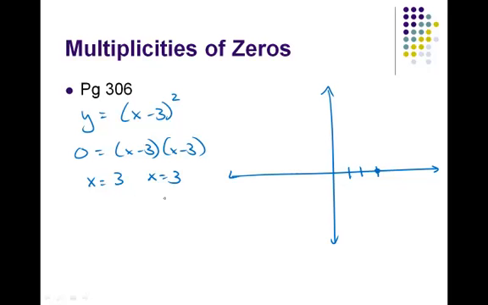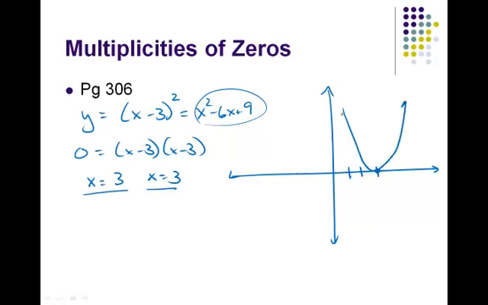Now, how is that going to work since this is a parabola? Well, let's see what this equals. This equals x squared minus 6x plus 9. It has two x-intercepts, but they are the same. In other words, this 0 repeats 2 times. This must open up. It must be a parabola. So what we have is a 0 that touches and turns around rather than passing through the graph like my others did.